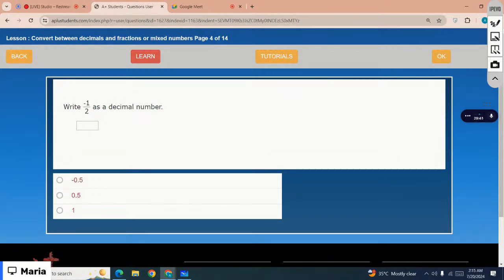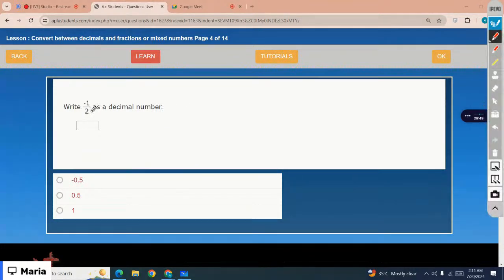Okay, write negative 1 by 2 as a decimal number. So you have to write it down as a decimal number. So how do we convert? That is a fraction, right? So you need to make the denominator 100, right? So let's multiply it by 50, because 2 times 50 is 100.